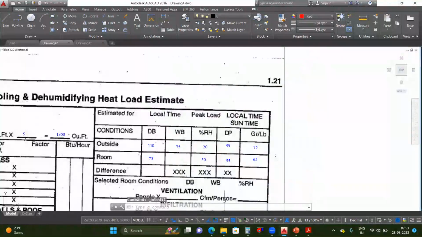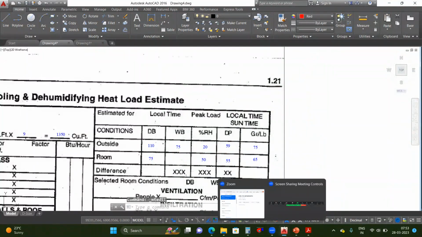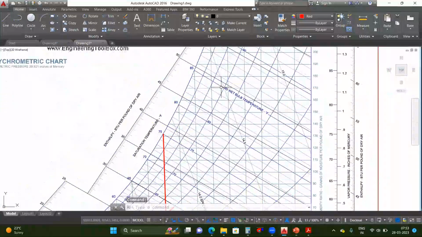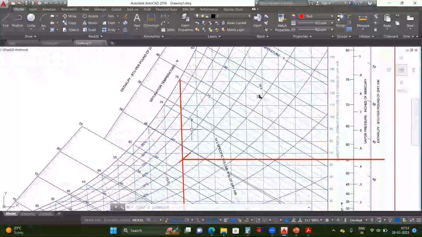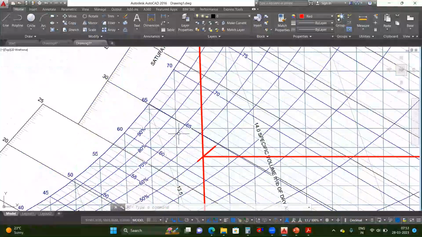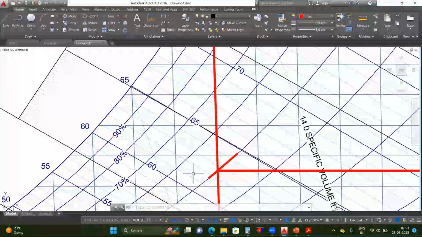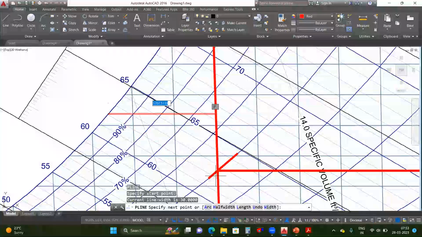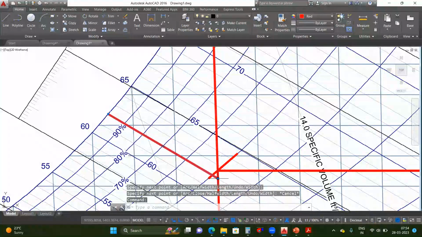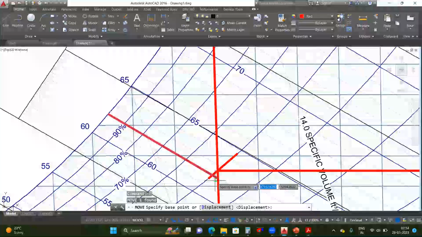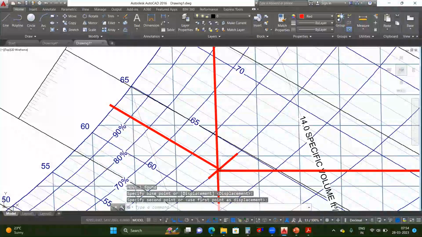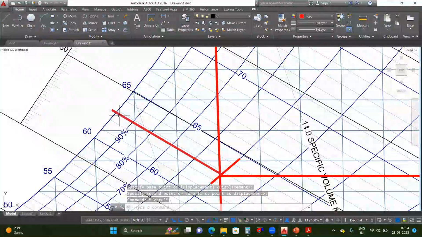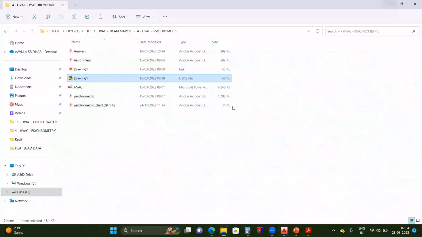Next we require the wet bulb temperature. These are the wet bulb lines: 85, 80, 75, 70, 65, and this is 60. If we draw one straight line, what will it be, 61, 62, or 63? I will take 63 here.